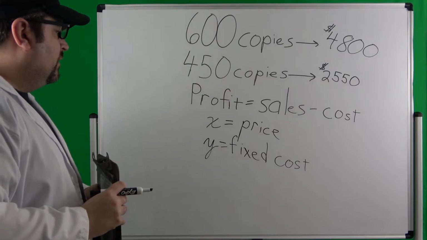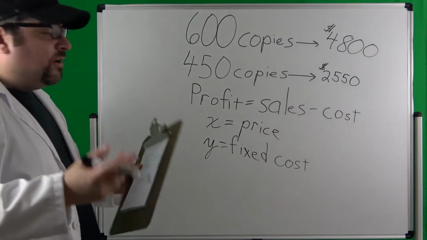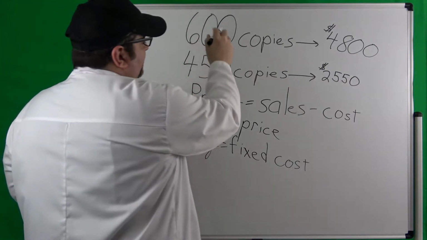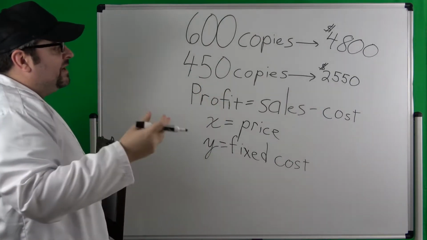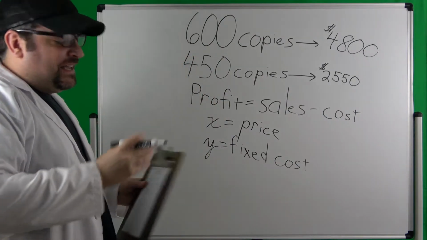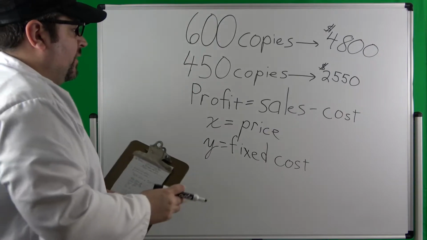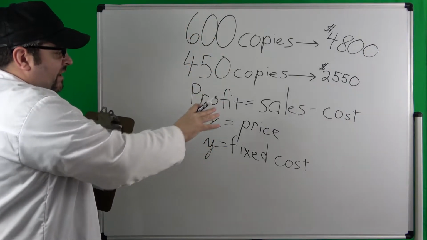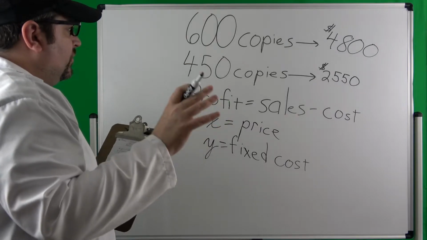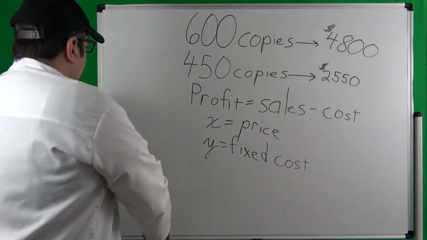Because it costs just as much to make 600 copies as it does to make 450 copies, evidently, in this problem. So, all right, we just have to translate this into two separate equations. So let's do that.